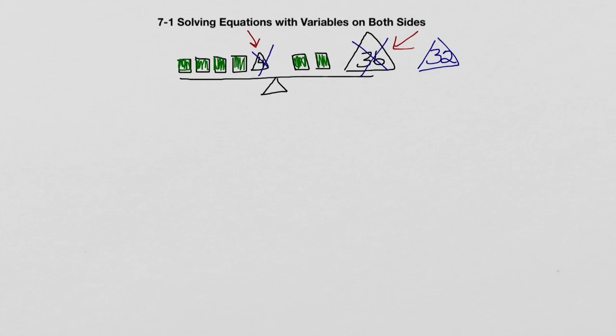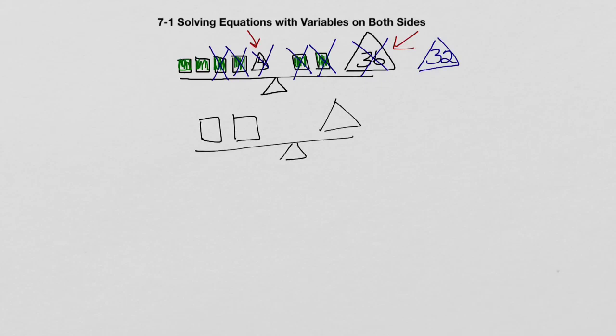So if you removed 2 green boxes on the right and also 2 green boxes on the left, you still have both sides of the balance scale being equal. So right now, you've got 2 boxes on the left, and you've got this 32-pound weight on the right. Here, I'll draw the green here.